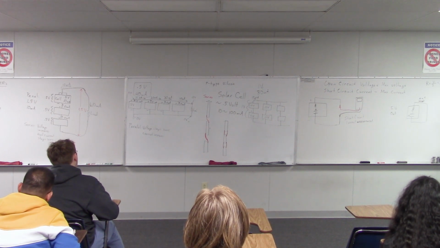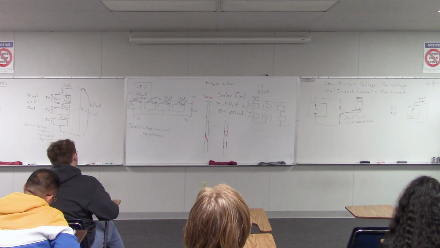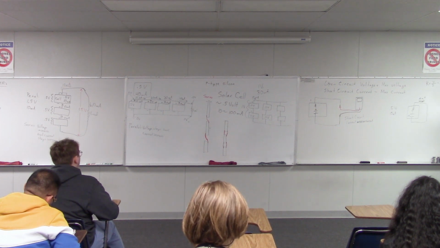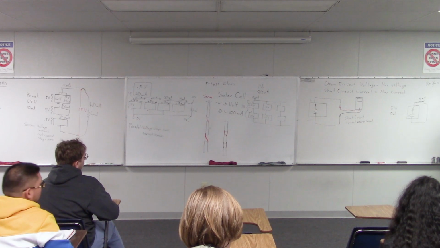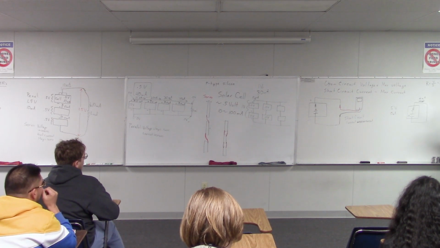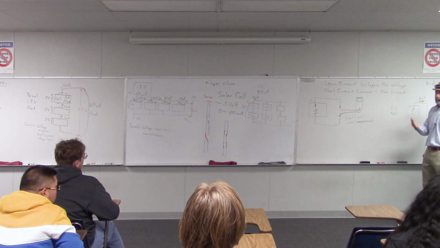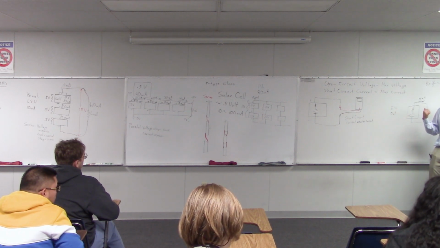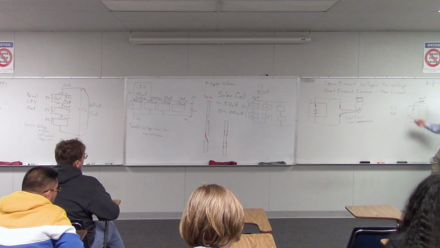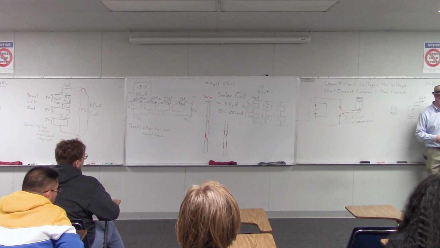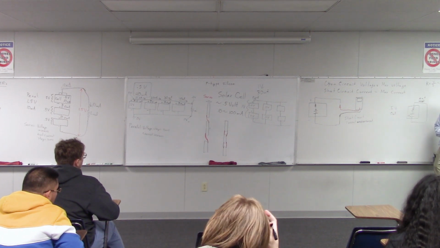So that's how you would figure it out. So we're actually going to make open circuit voltage measurements and short circuit current measurements for these panels. So you could actually calculate this theoretical resistance for the little panels if you wanted.